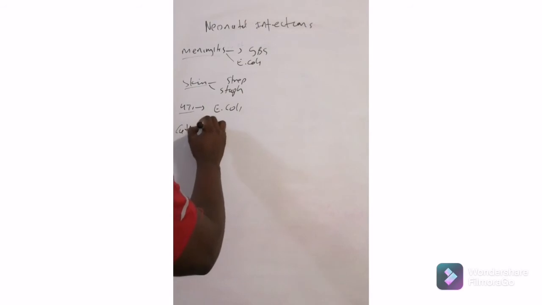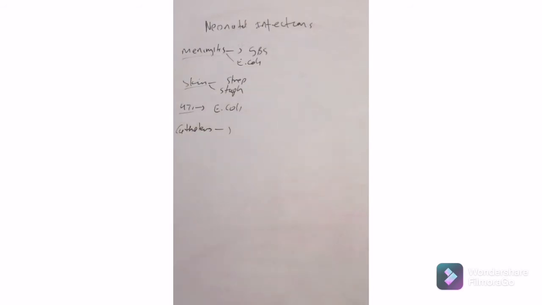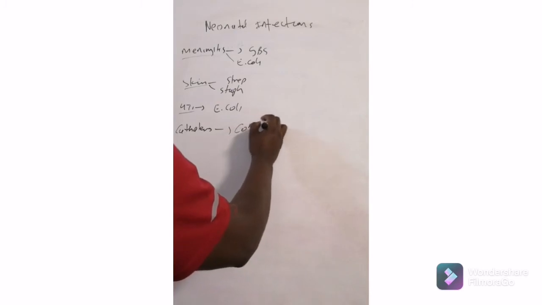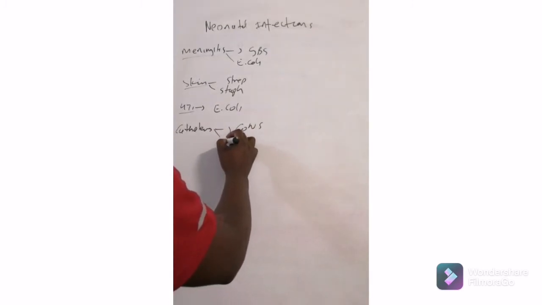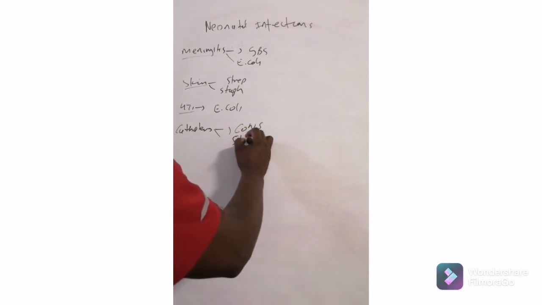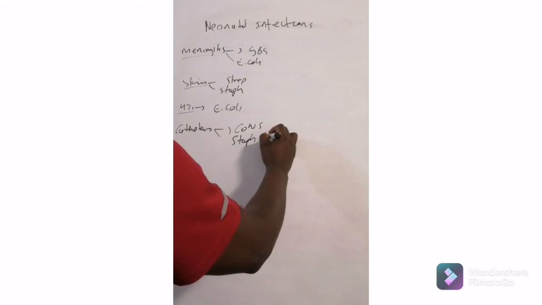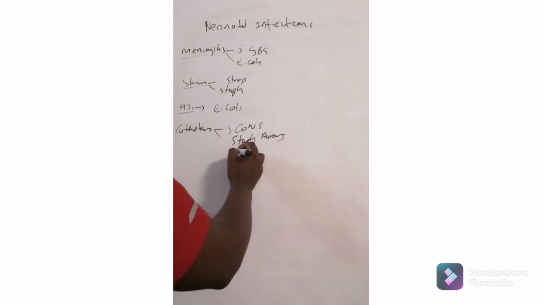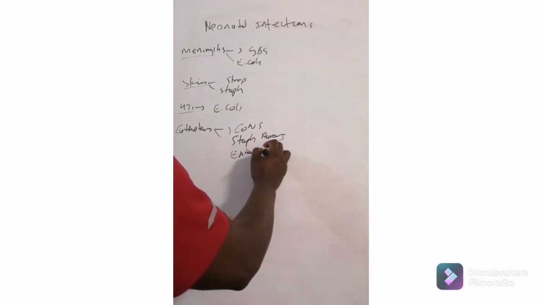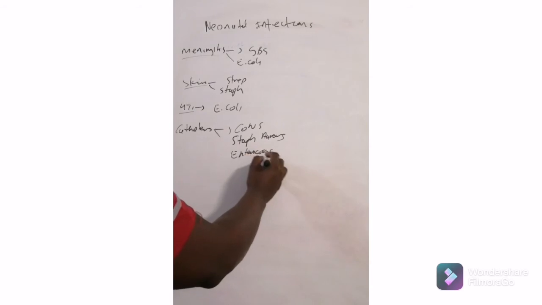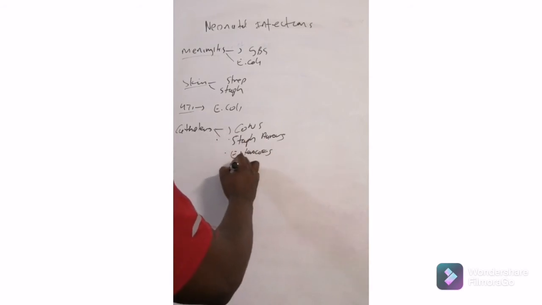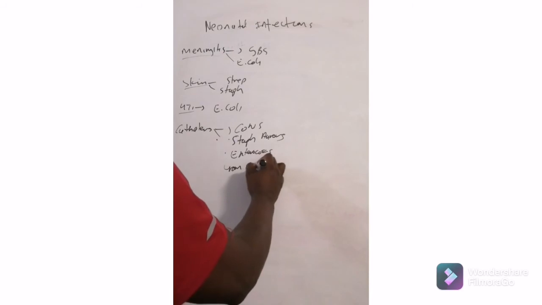Intravenous catheters: coagulase negative staph, and we also have Staph aureus, Enterococcus, gram-negative.